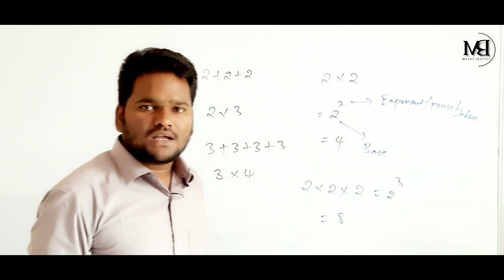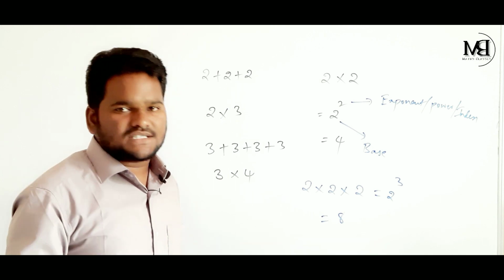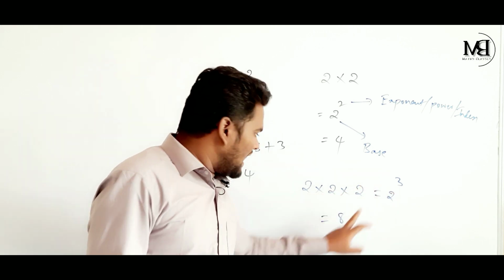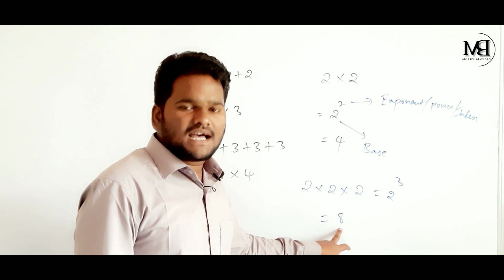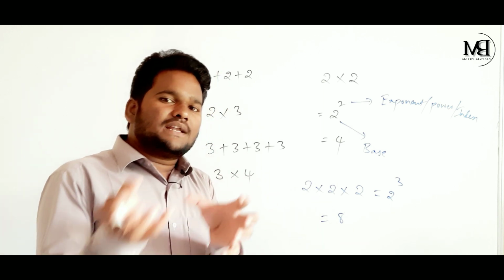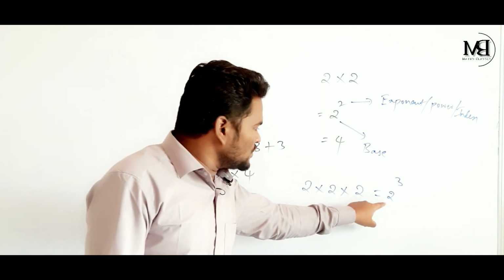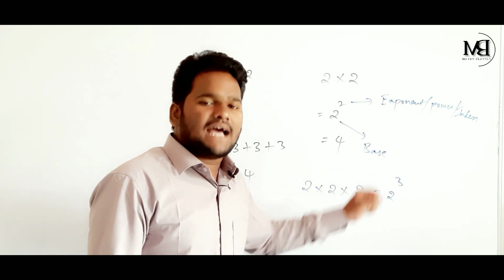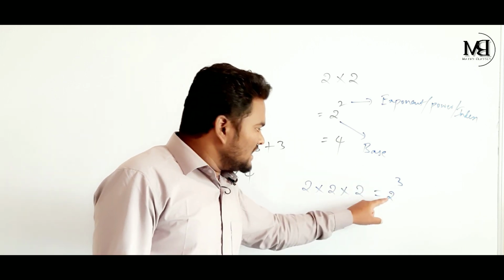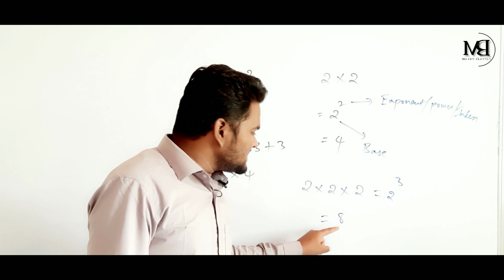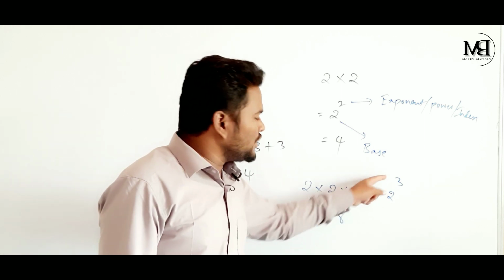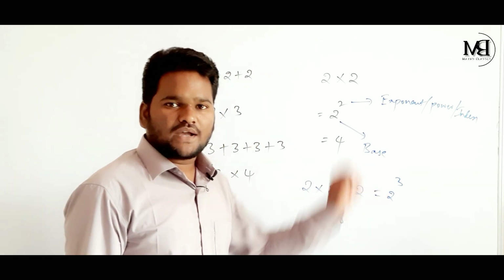So how can we read this one? 2 power of 3 and this is 8. We can also read this 2 power of 3 as 2 cube, and this is a perfect cube.